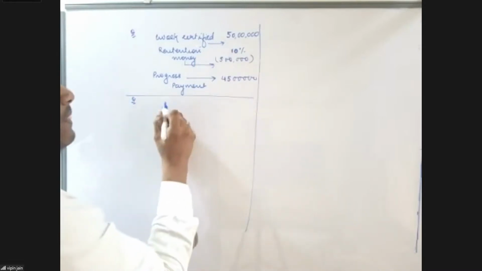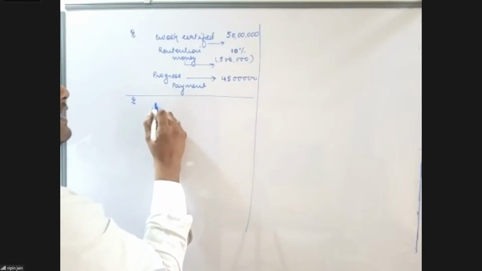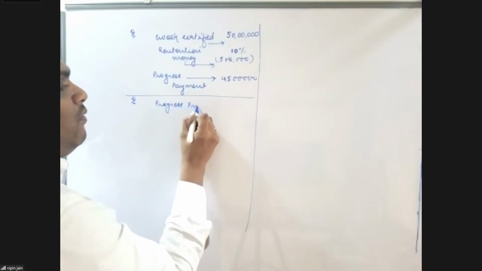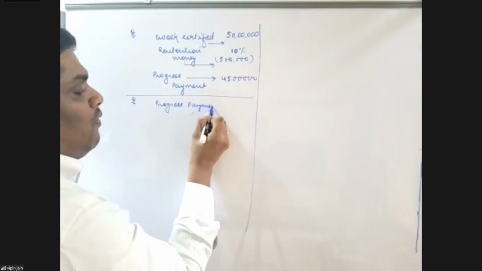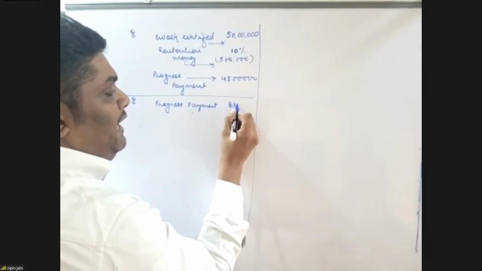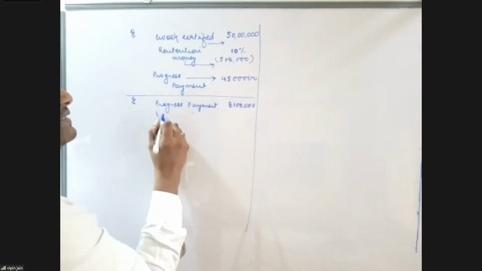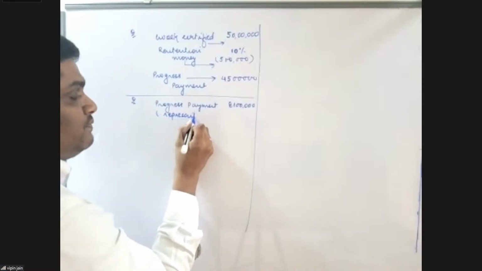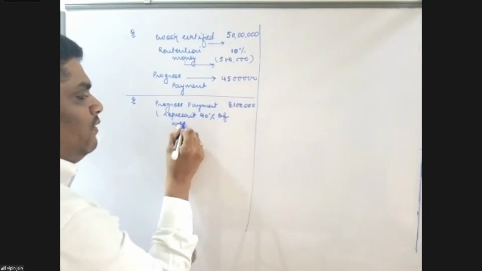Next question for you guys. Let's say progress payment is 81 lakh and it represents 90% of work certified.